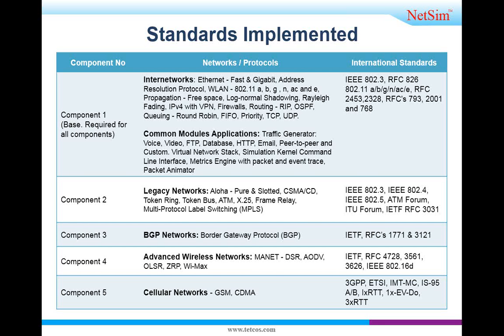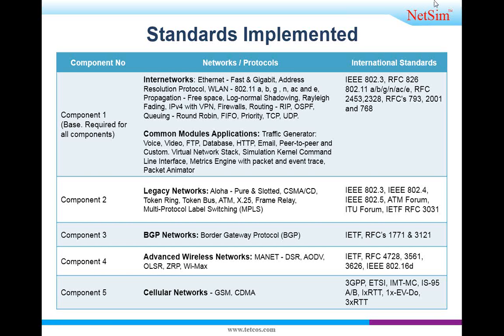Internetworks has Ethernet, fast and gigabit, ARP, wireless LAN with 802.11 a/b/g/n standards. In propagation, it has free space, log-normal shadowing, Rayleigh fading, IPv4, firewalls, and routing.